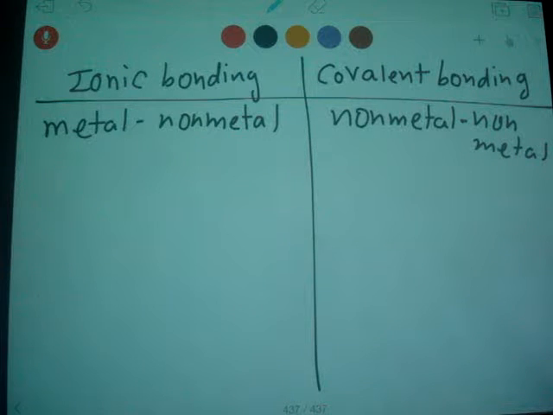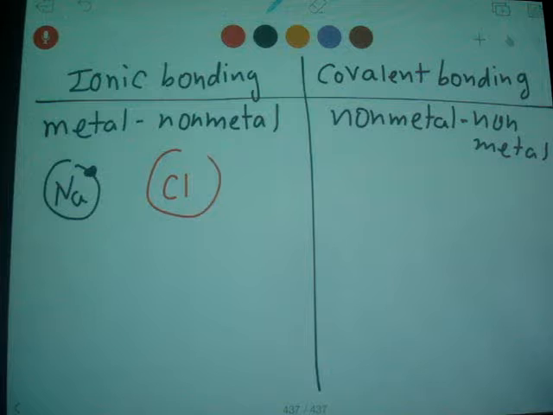I'm going to give you an example for ionic bonding. Let's say this is Na. Na has one outermost electron since it is in group 1. Chlorine has 7 outermost electrons, 7 valence electrons.